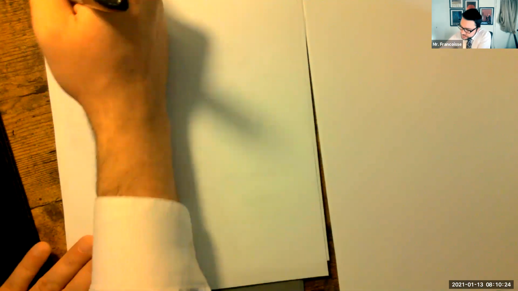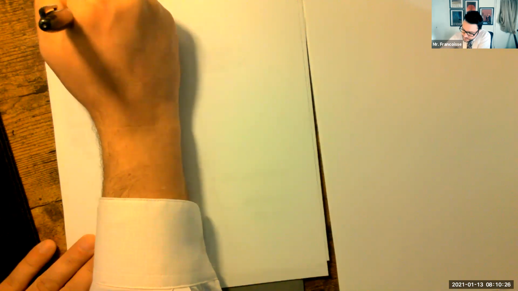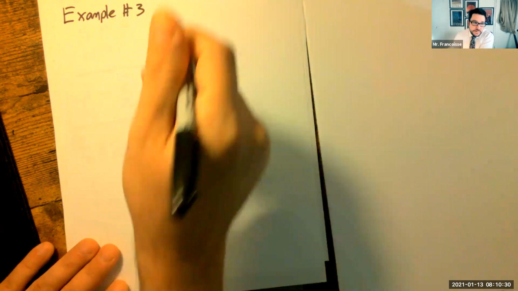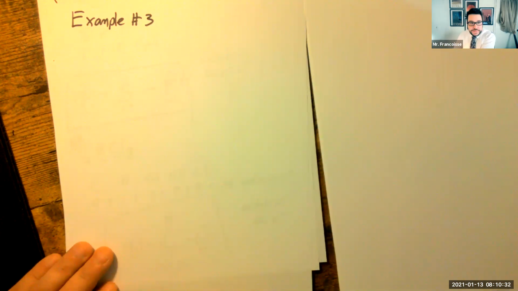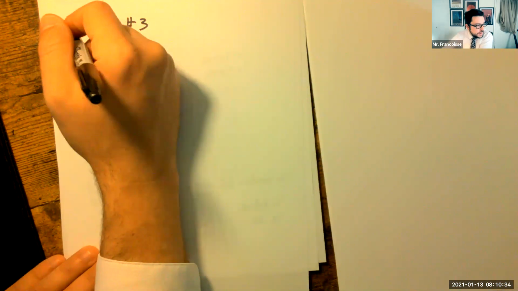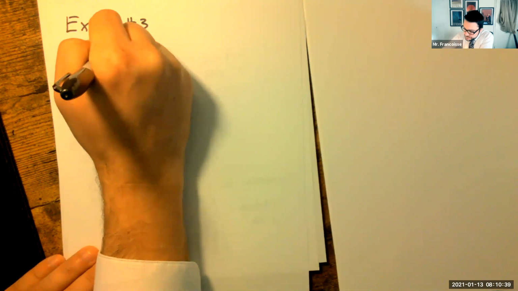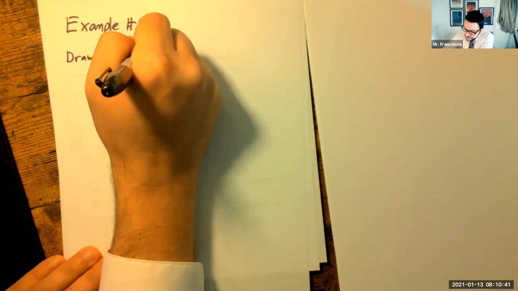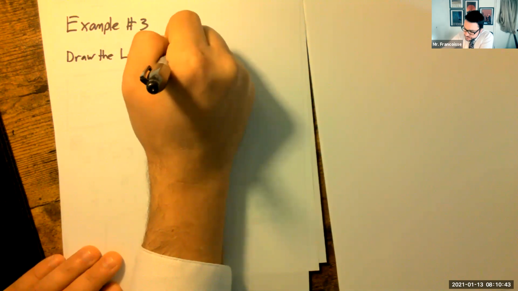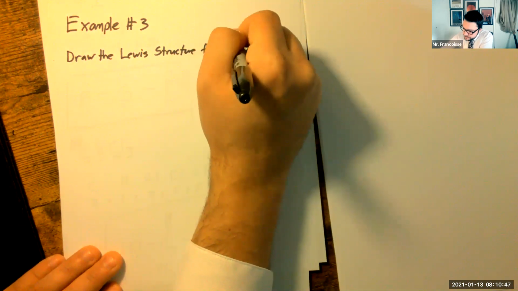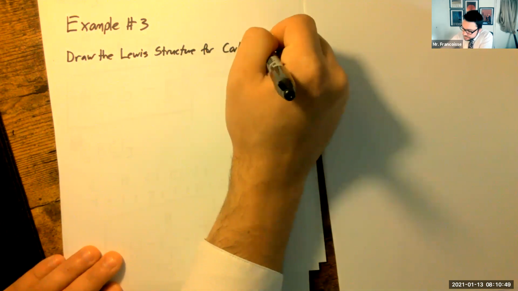So let's look at our simple one here. This is going to be example number 3. So we're looking at slide number 13. We want to draw the Lewis structure for carbon monoxide.